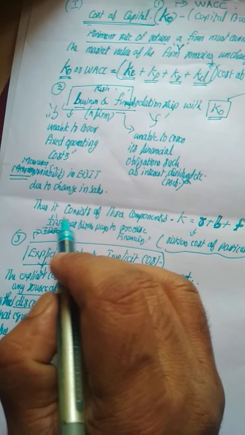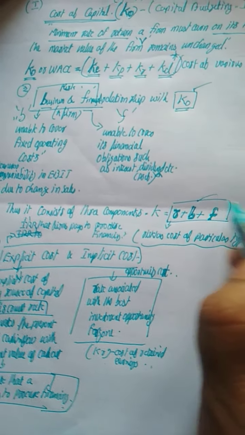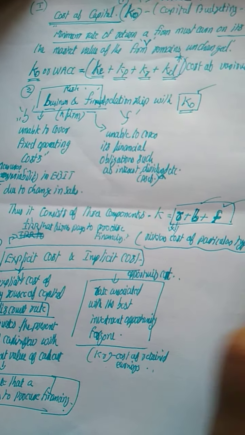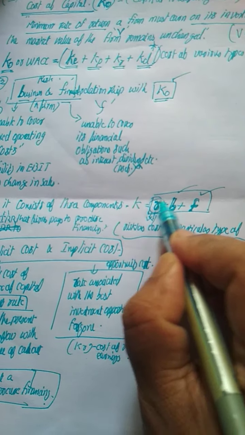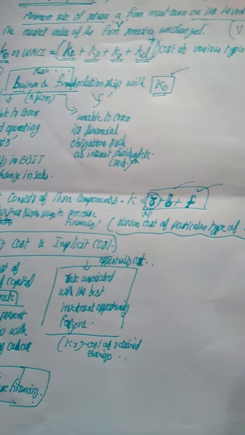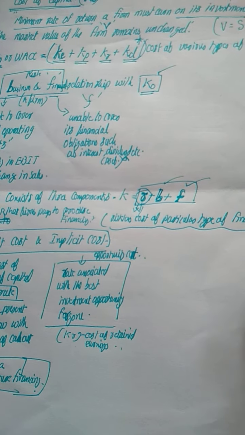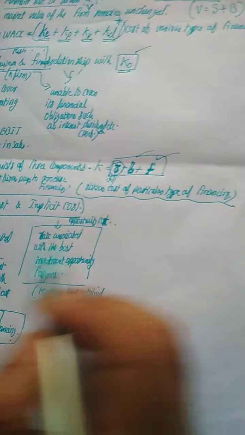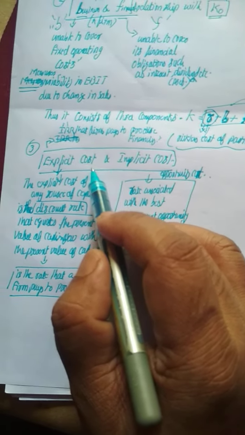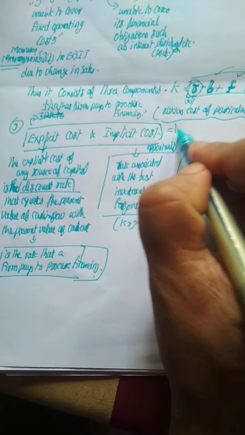So cost of capital constitutes three important things: business risk, financial risk, and riskless cost of a particular type of financing. Riskless cost here indicates any business will have a minimum return. Whatever may be, we will get a base minimum return. That is called riskless cost of particular financing. Another important thing which we have to study under the cost of capital theory is explicit cost and implicit cost. It has a relationship with KO.